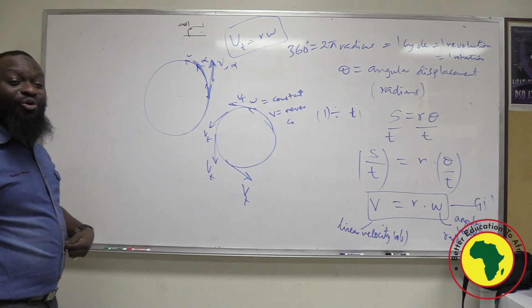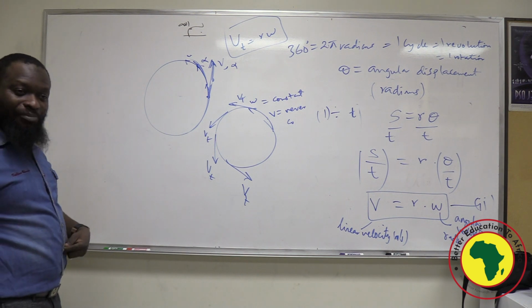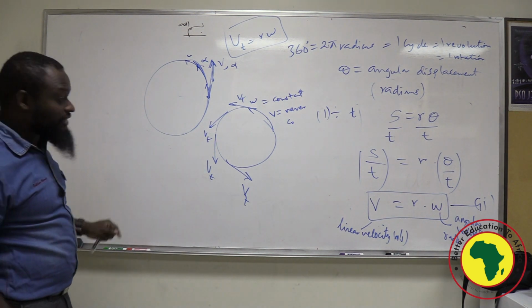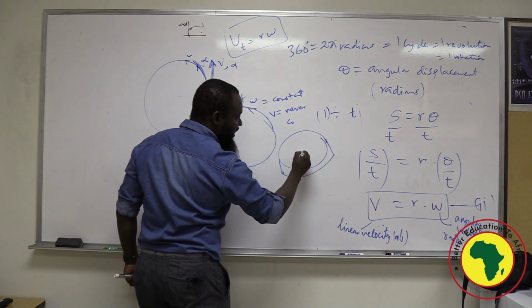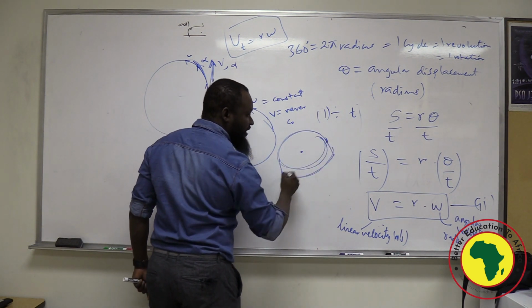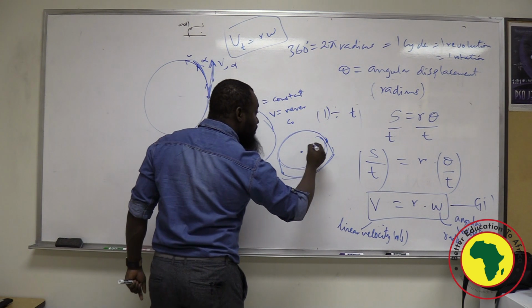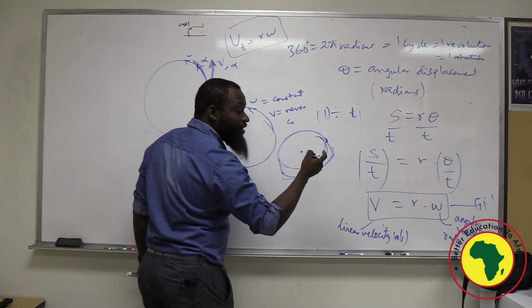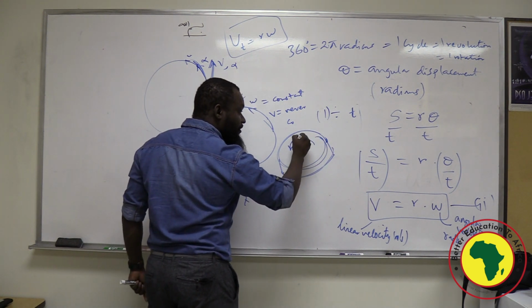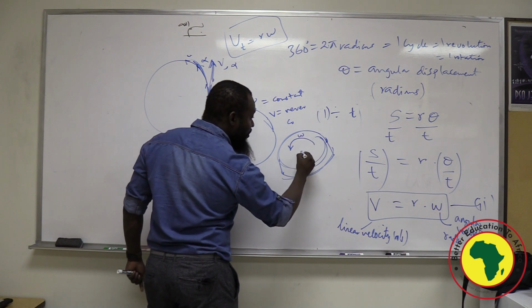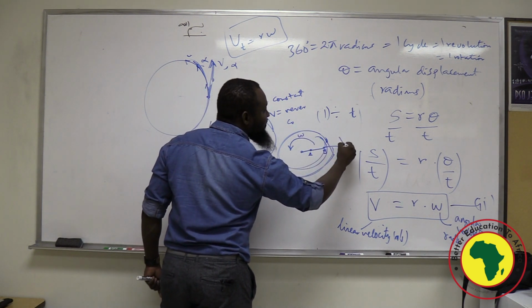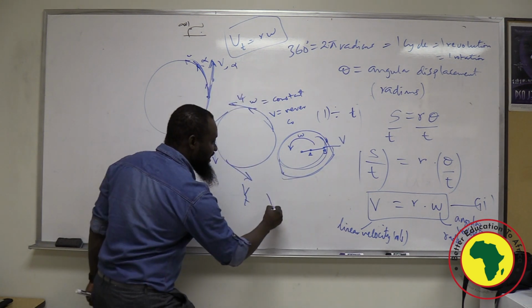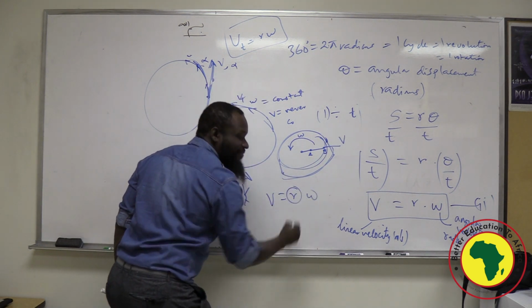And when we come to rotational motion, we'll explain more about this because this is important. Because if I have a disk that is rotating, a solid thing like this, so it has some thickness and it's rotating. Because V is R omega, even if this disk is rotating at a constant omega, a point A here and a point B here will not have the same velocity because V depends on the radius and omega.